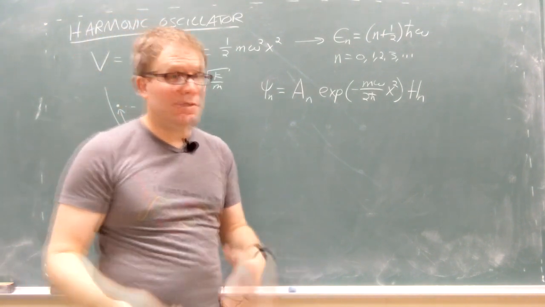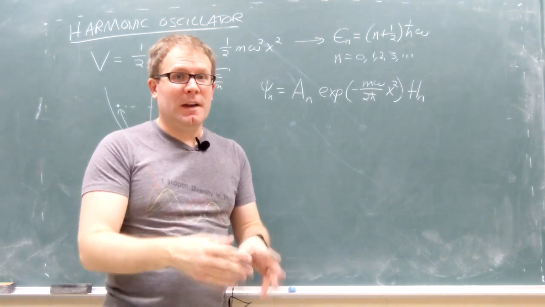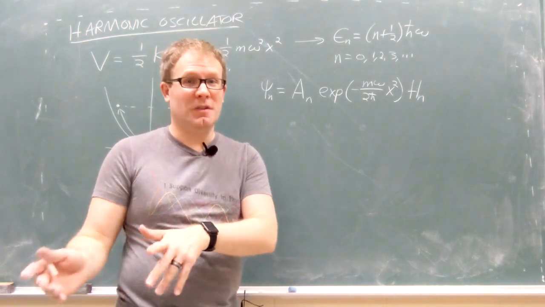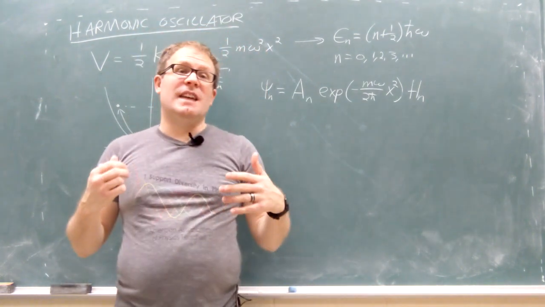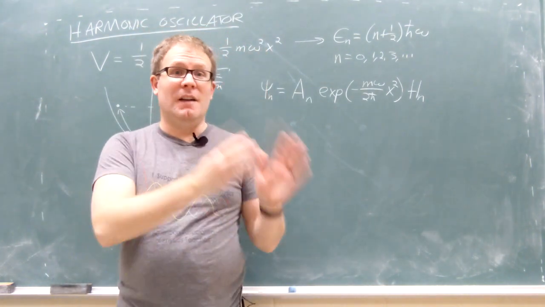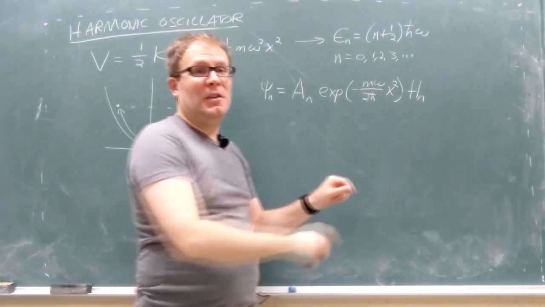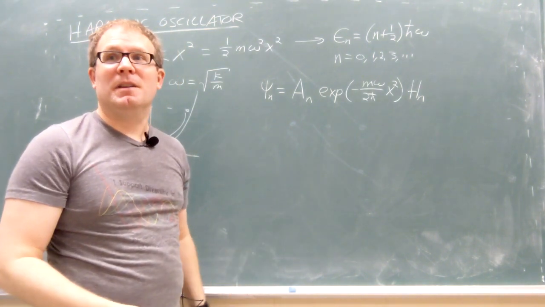It's just a polynomial. You know what a polynomial is, right? It's some number plus some number times x plus some number times x squared plus some number times x cubed plus some number times x to the 4th, however high you want to go. The Hermite polynomials are just a special combination of those coefficients that give you the right polynomials that end up solving the Schrodinger equation for the harmonic oscillator potential energy.